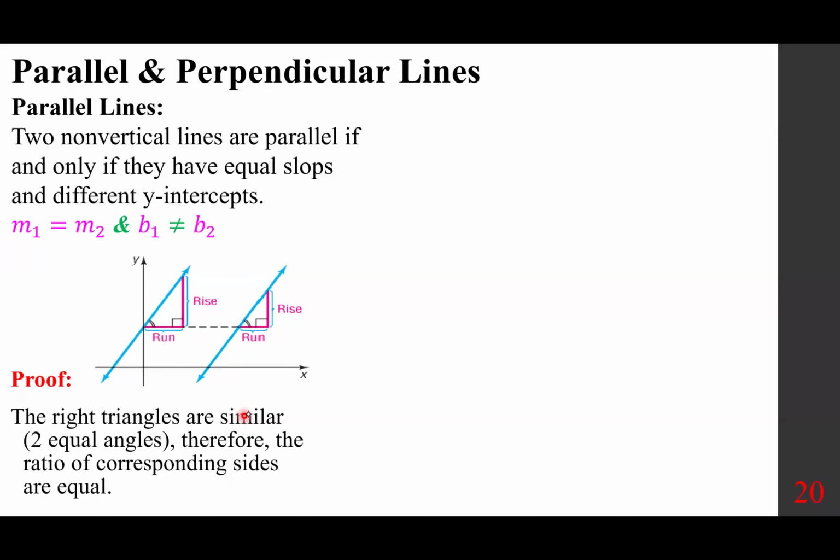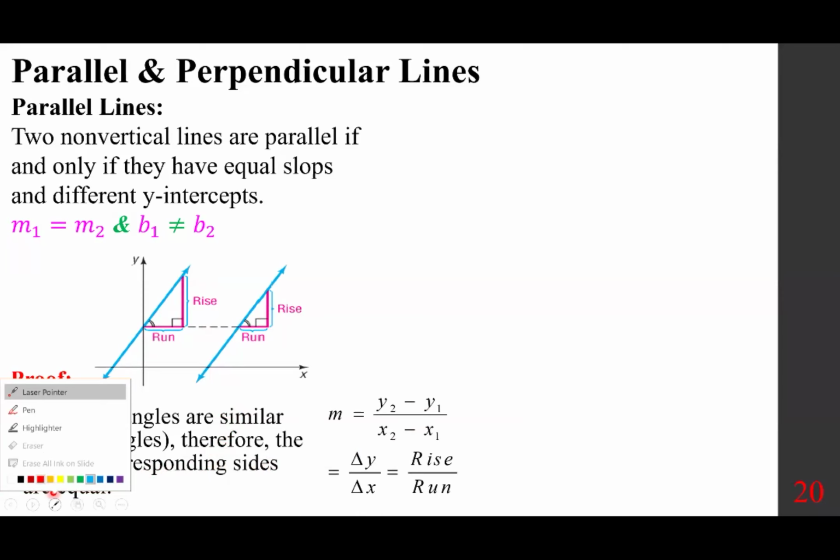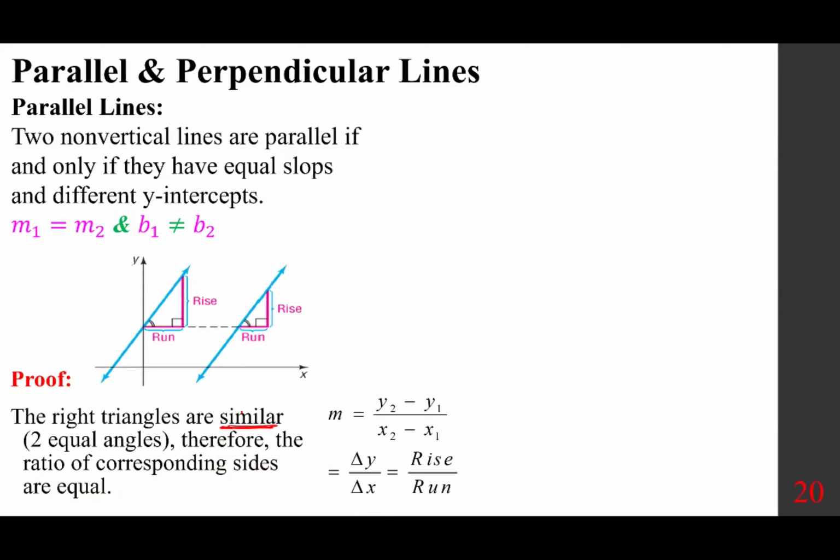And I hope everybody remembers that from before. In any event, if they are similar, the ratio of rise to run for this one and the ratio of rise to run for this one must be identical as a result of being similar.